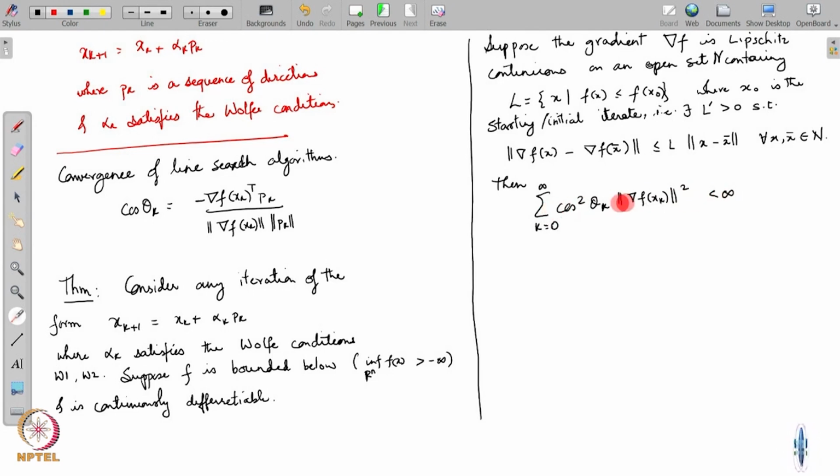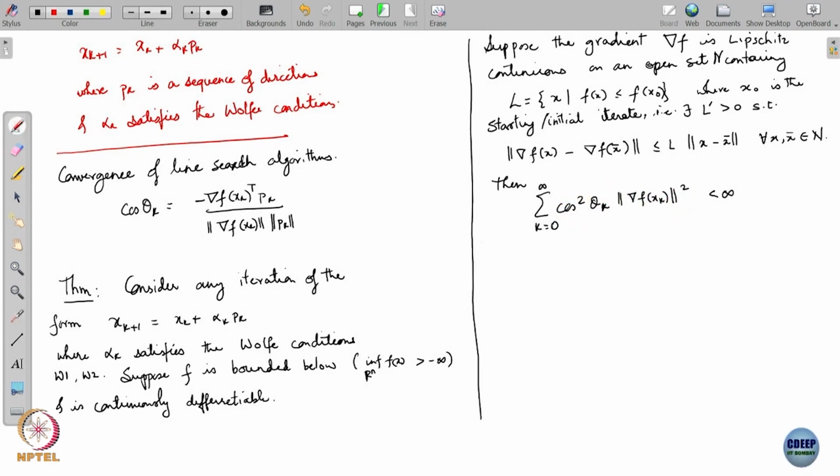Now, this looks like a bizarre technical conclusion, but actually it says a lot in one sentence. Since this is an infinite sum, if that infinite sum is finite, then it means that the limiting value of the term here should be going to 0.